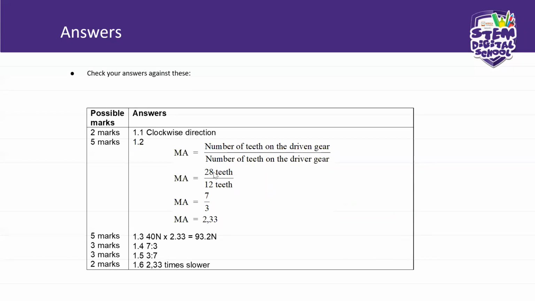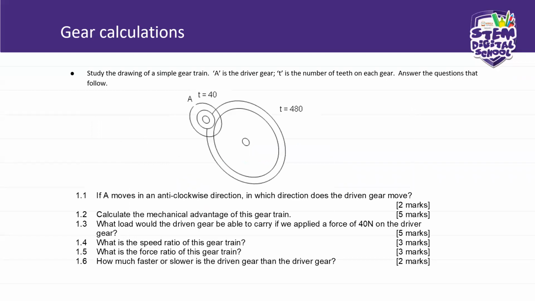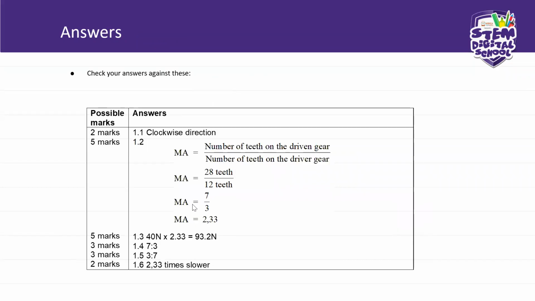So you have your 28 teeth and your 12 teeth. These values are different from this, but let us look at the calculation anyway. Mechanical advantage is 7 divided by 3. So the answer is 2.33.